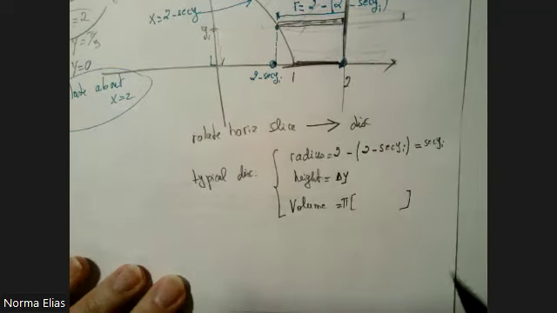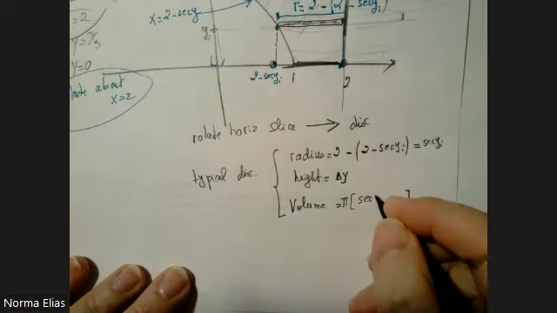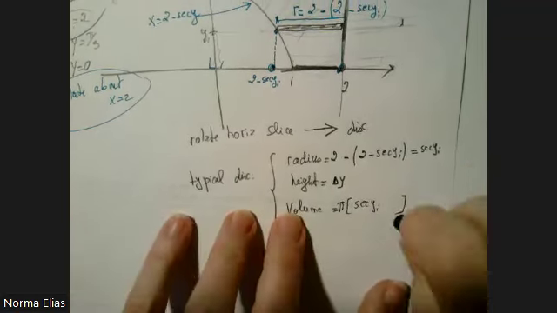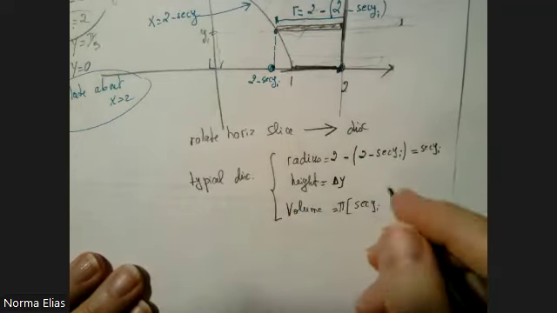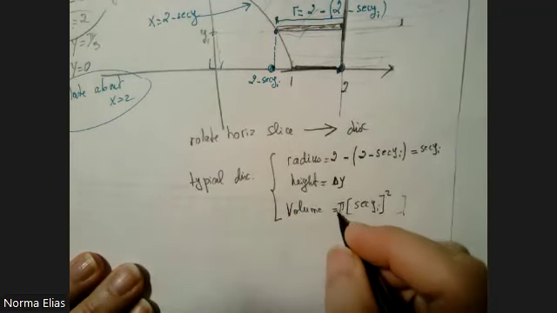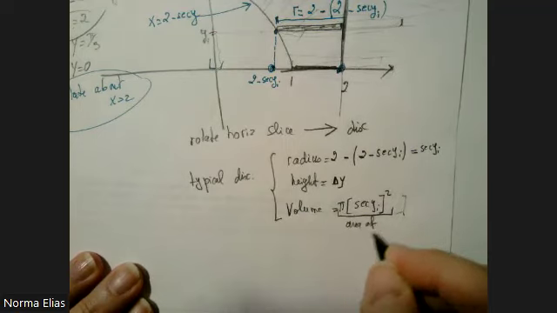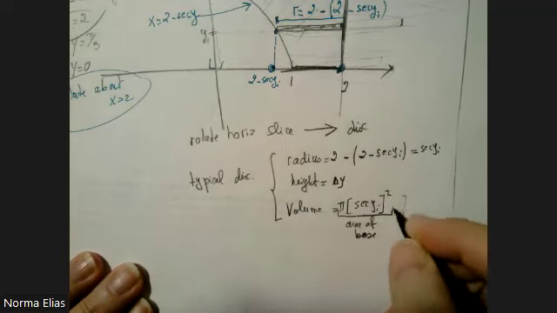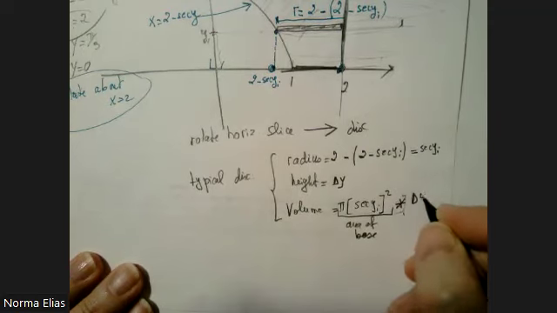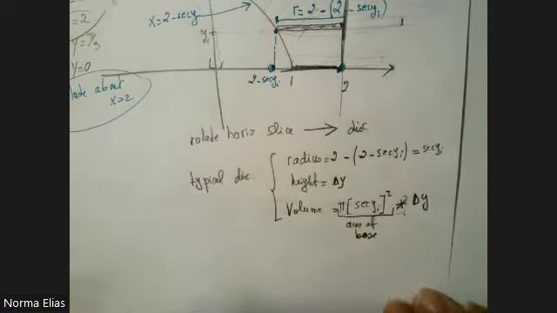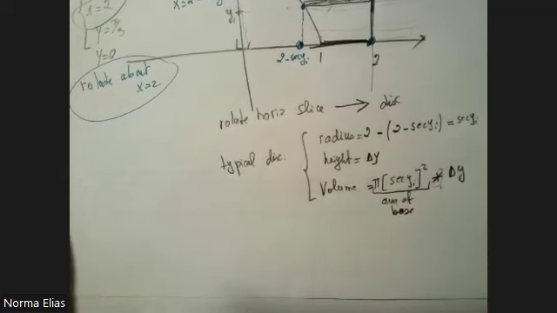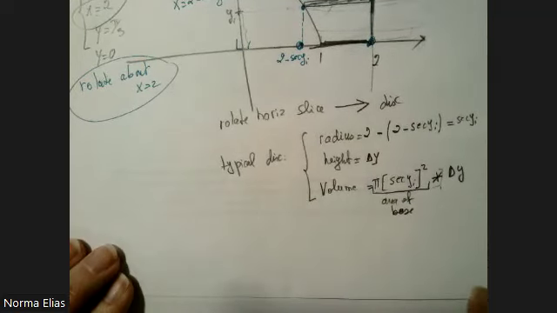Okay, so the radius turned out to be fairly simple. Secant y squared. That's the area of the base. And then you multiply it by delta y to talk about volume. Otherwise, I will be adding areas. We have to add volume. Delta y makes it into a volume.